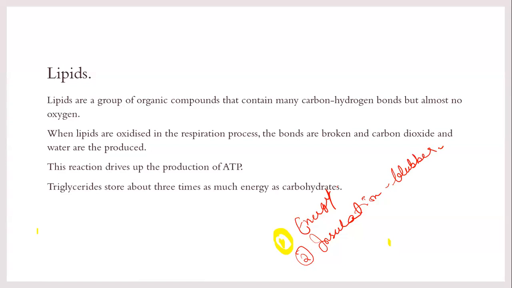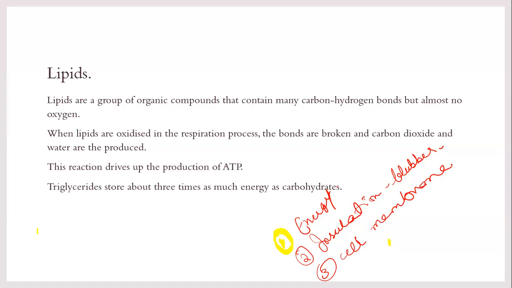Another really important reason is that we need lipids for making a lot of different components of the body, for example, our cell membrane. You and I have the topic of cell membrane in Unit 2, so we are going to study the structure in detail over there. But the cell membrane is composed of lipids as well.